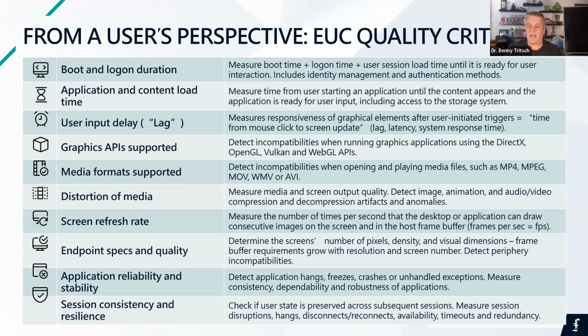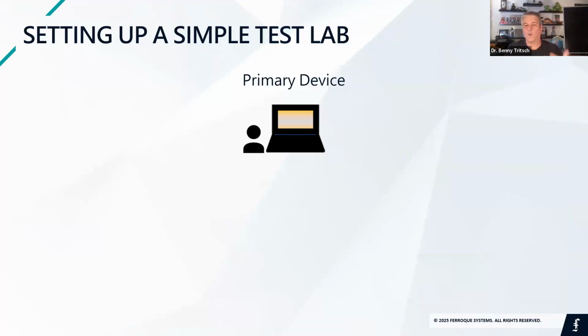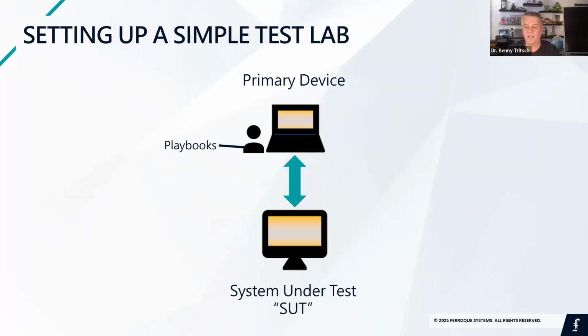Absolutely. And now here is the way that I'm testing all that. A very simple test lab is I connect from what I call the primary device. There may be a secondary device if I have multi-user environments, the noisy neighbors. But I want to always look at it from my primary user, from the primary device.